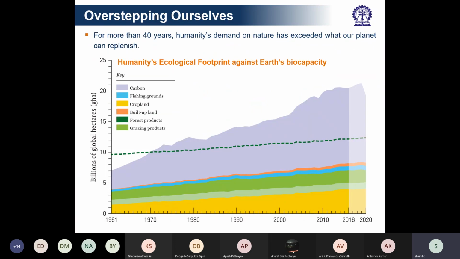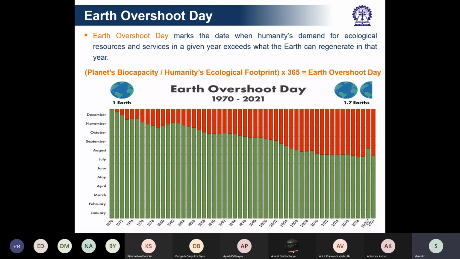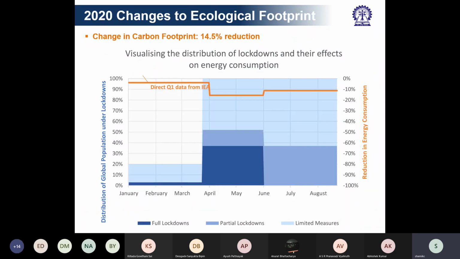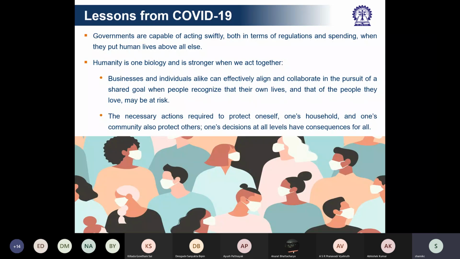Then how we have been overstepping ourselves for the past 40 years, then what is the earth overshoot day, how we calculate the earth overshoot day, how the date of the earth overshoot day has actually changed in 2020 because of the pandemic, and what we learned from the pandemic and so on.